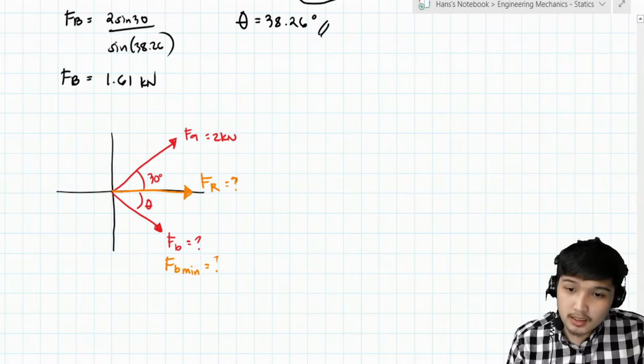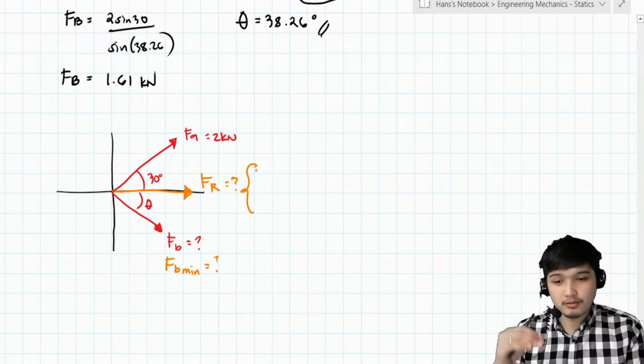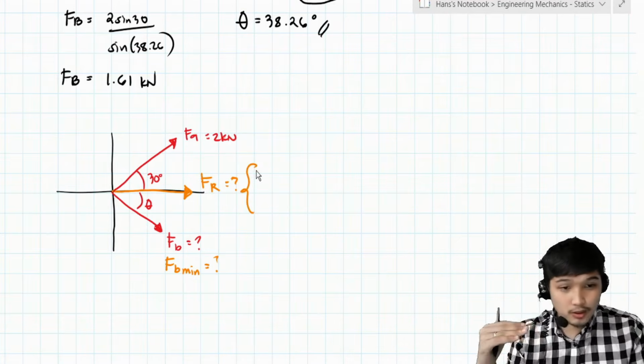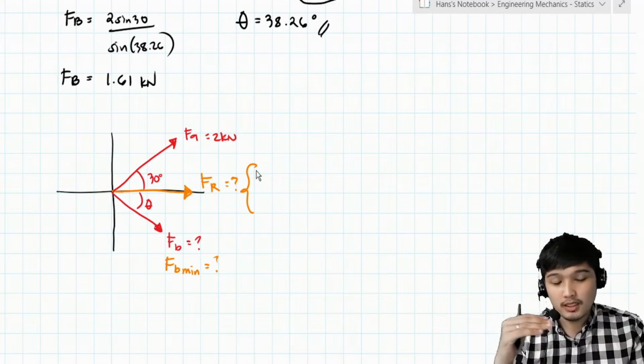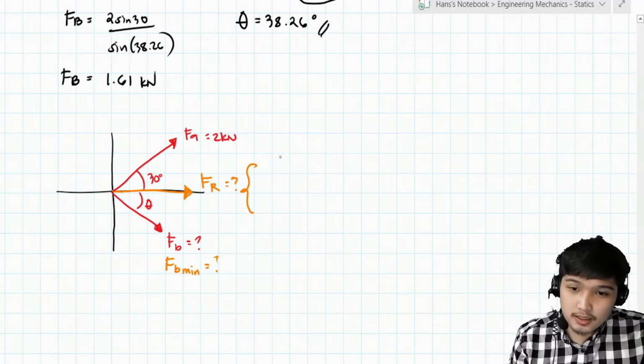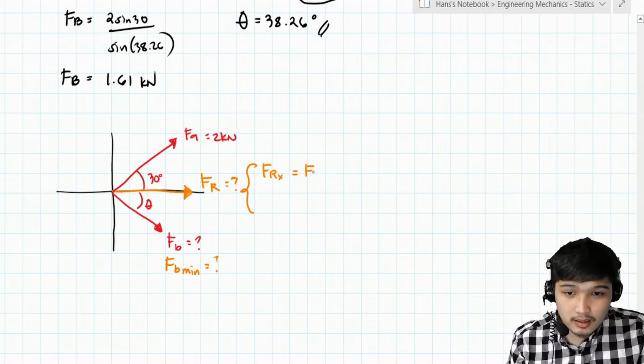So, para mangyari lang dito, analyze mo yung FR. Kung ang sinasabi niya is that yung resultant force must be completely horizontal, papuntang positive x-axis. So, we can say that yung horizontal component niya na FRX ay equal lang dun sa value ng FR.